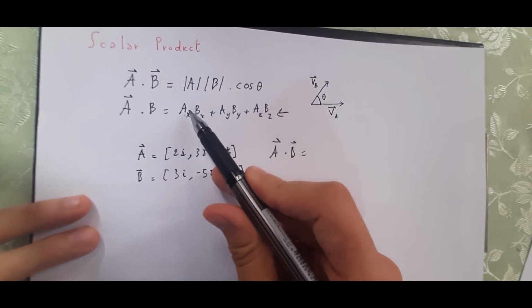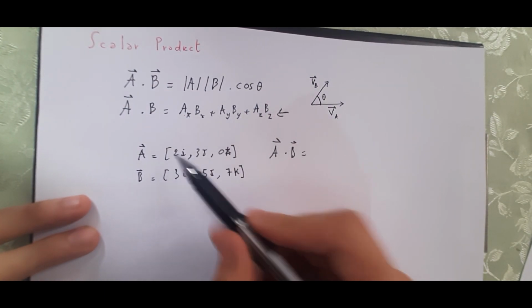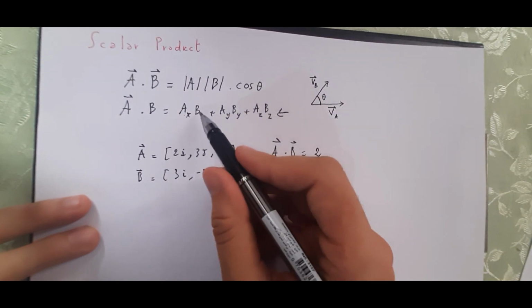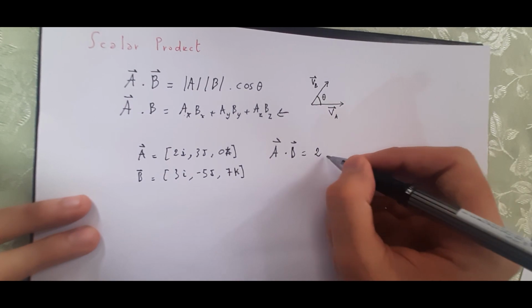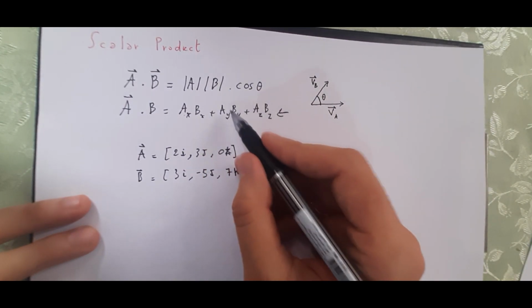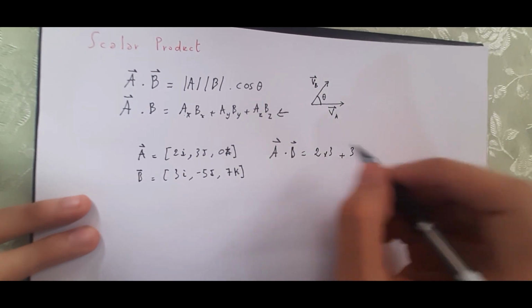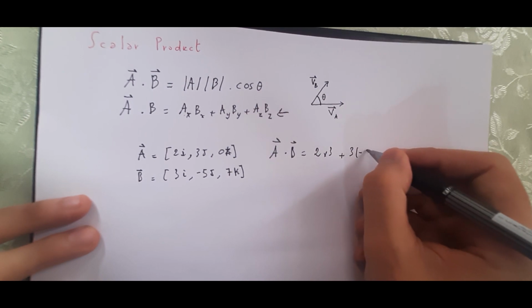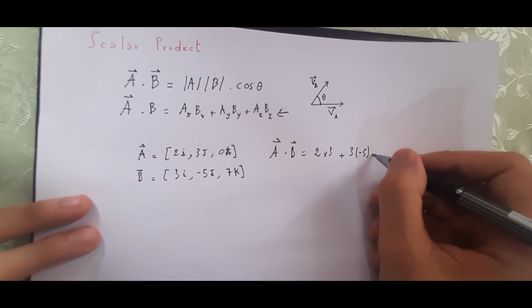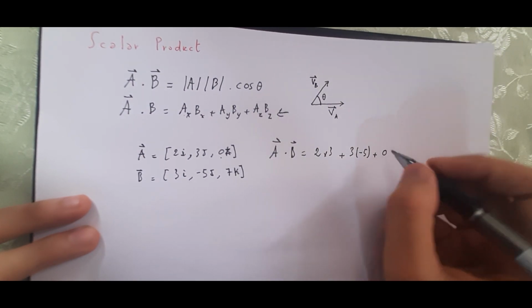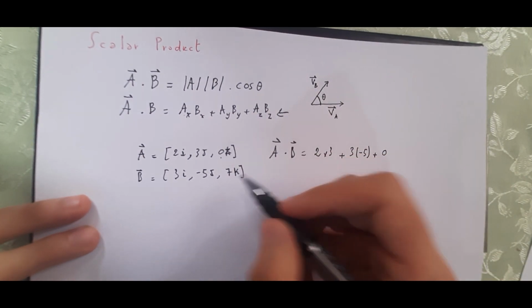So we have AX, which is 2, multiplied by BX, which is 3, plus AY, which is 3, multiplied by BY, which is negative 5, plus AZ, which is 0, multiplied by BZ, which is 7.